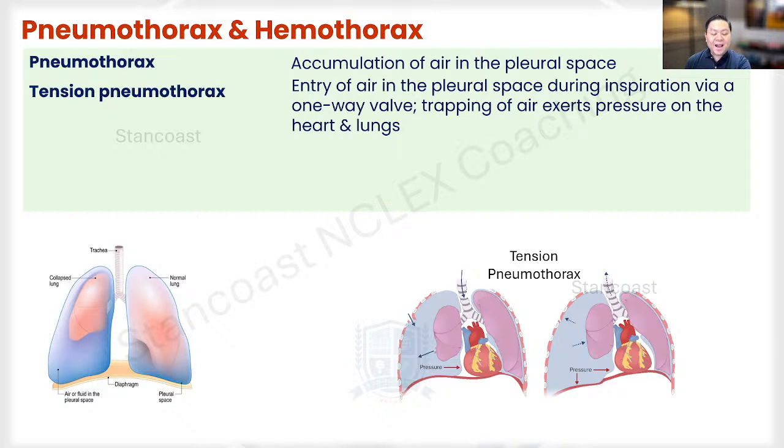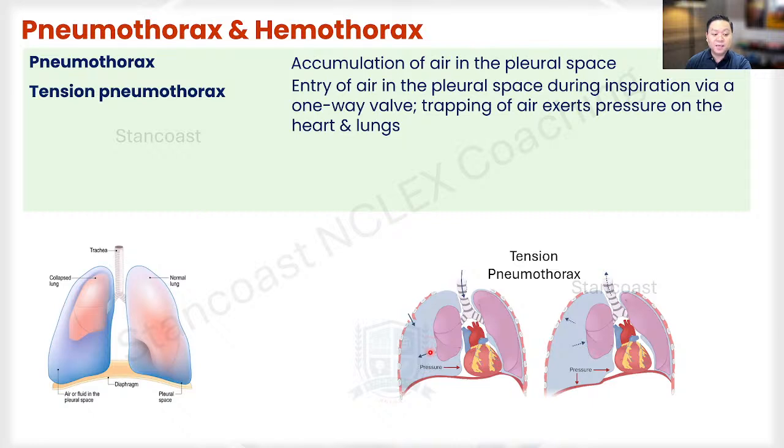Now, without immediate treatment, pneumothorax or tension pneumothorax can be fatal. With the rising air and pressure in the pleural cavity, it can also cause a shift of the mediastinum. So take a look right here at the mediastinum, and look at the movement wherein there is lung collapse on the right side.